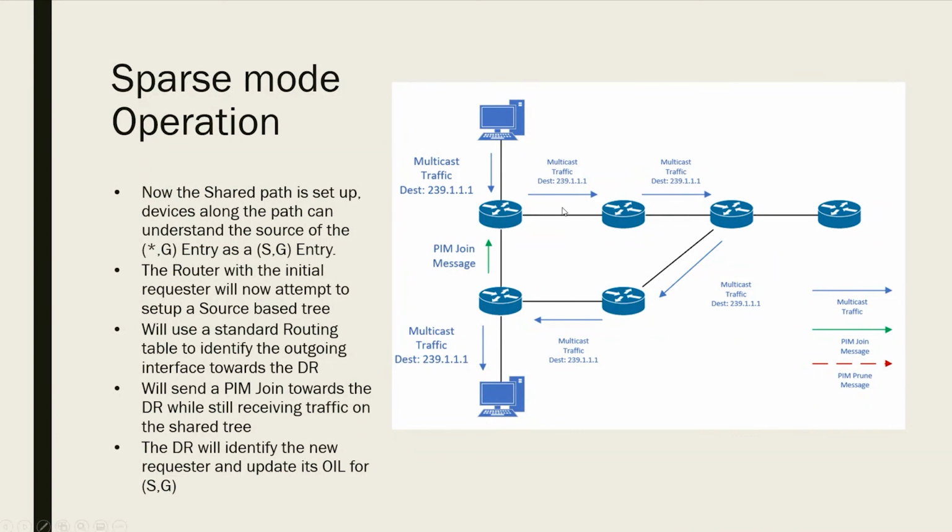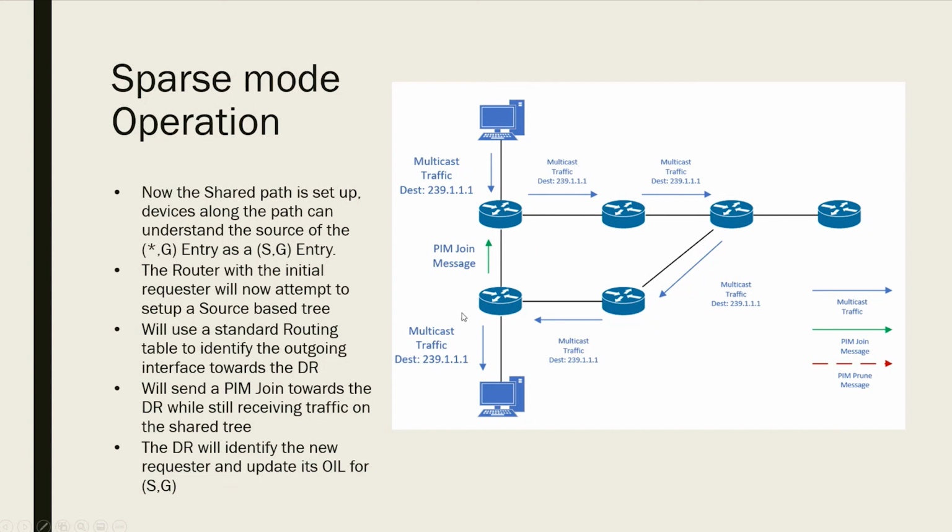Now, this device refers to its routing table and says, how do I reach this multicast source? Well, sure, I can go via this path, but it's a cost of what? It's 1, 2, 3, 4 hops, compared to potentially just 1 hop here, and then I've got the source. So it says, okay, sure, I'm getting the traffic, but a more efficient path is direct to this router. So it sends a join in that direction.